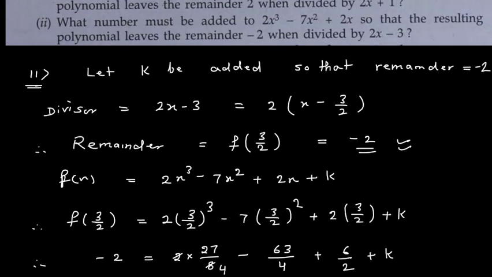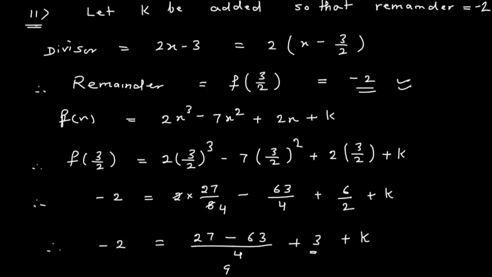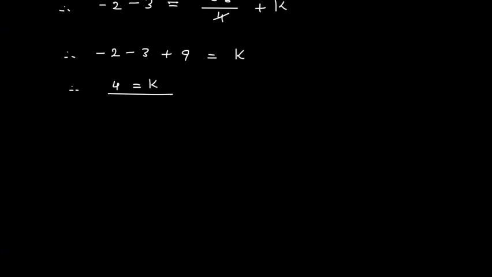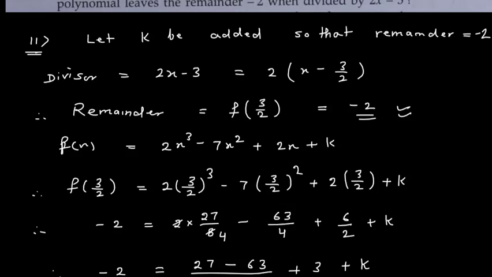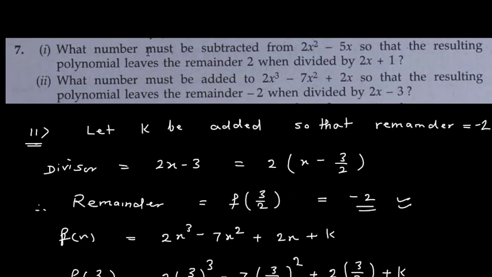What is the question? What number must be added so that the resulting polynomial leaves the remainder minus 2 when divided? So I will say that therefore the required number added is 4. Done.